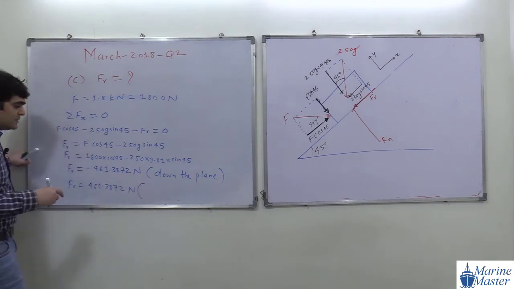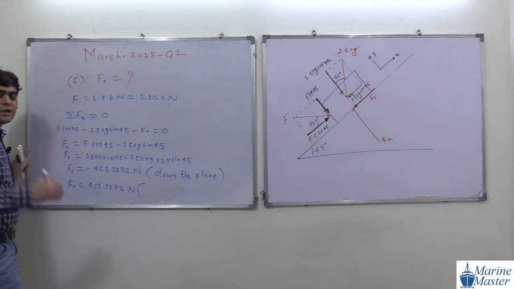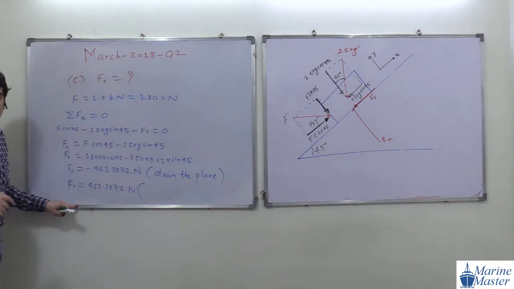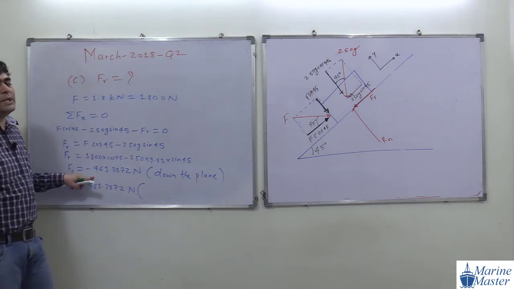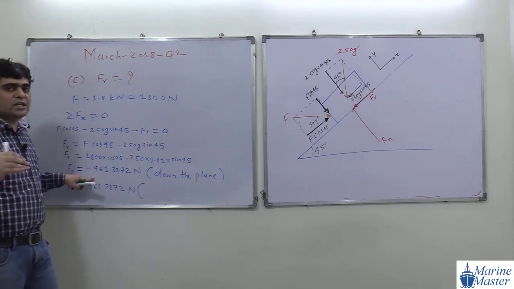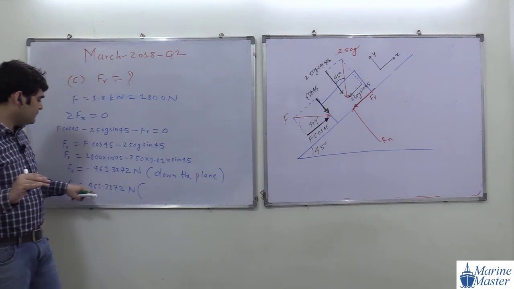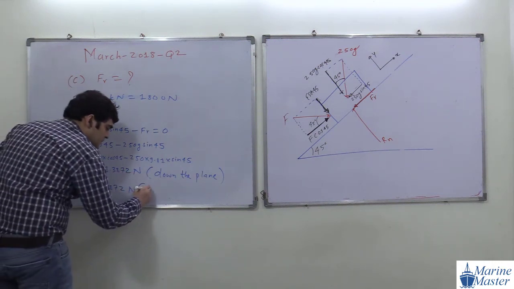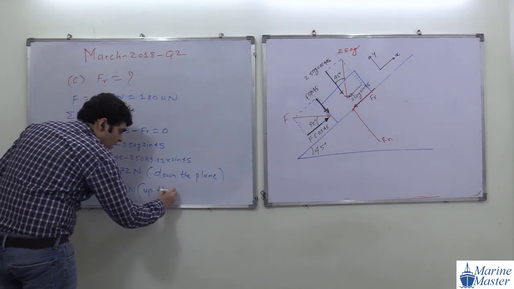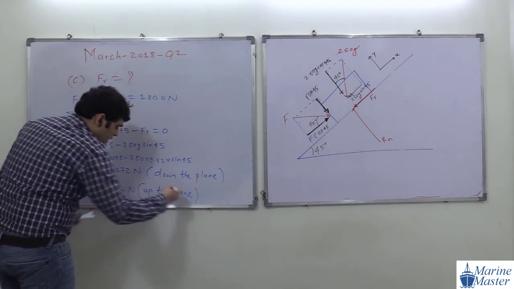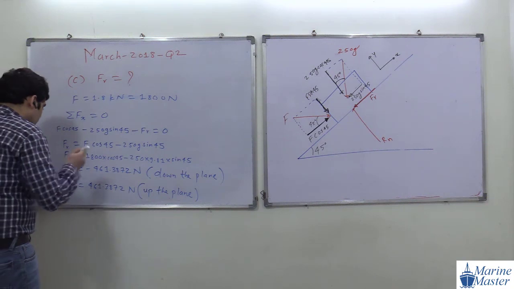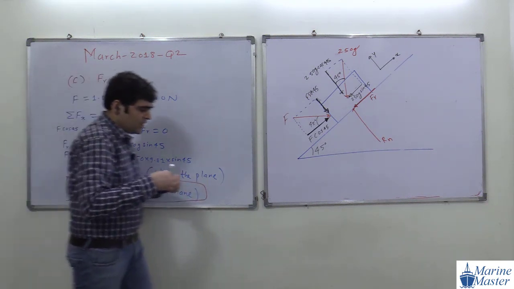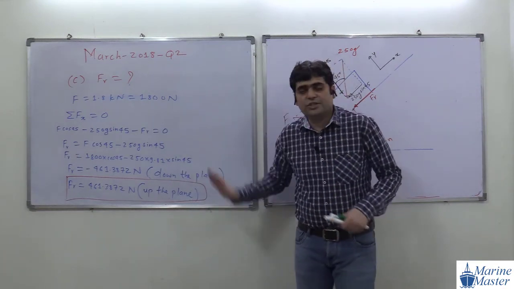Whenever we get a negative answer for any force, it means our assumed direction is wrong. So instead of down the plane, it must be up the plane. So this is our answer for Fr. Any doubt in this discussion guys?